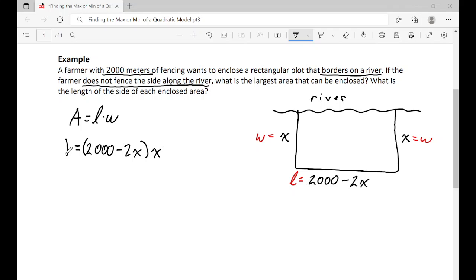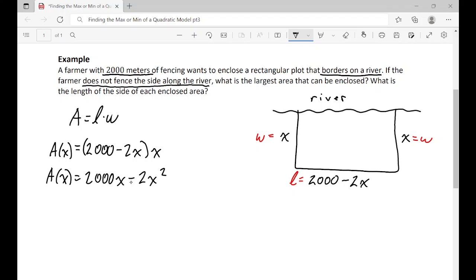So I could even just rewrite this as A of x. And now I can distribute the x in, and I'm going to get 2,000x minus 2x squared. So I got some function here. Seems okay.